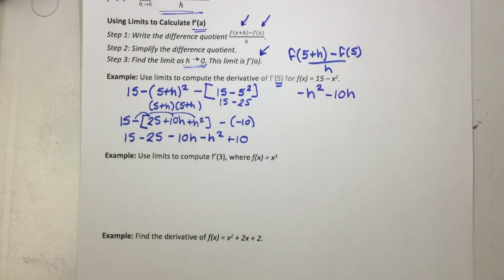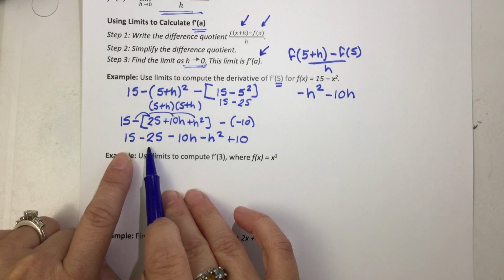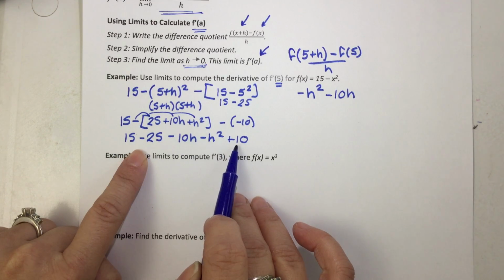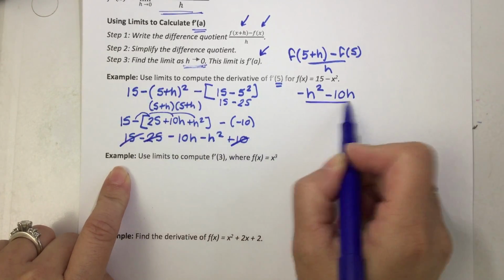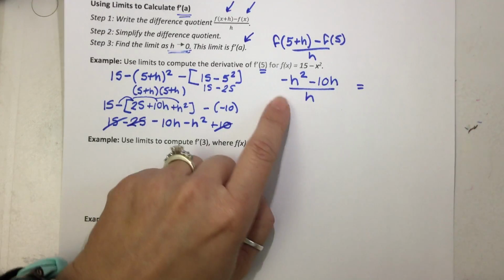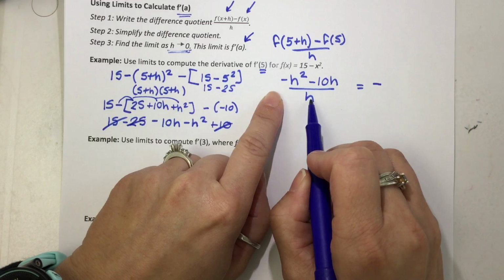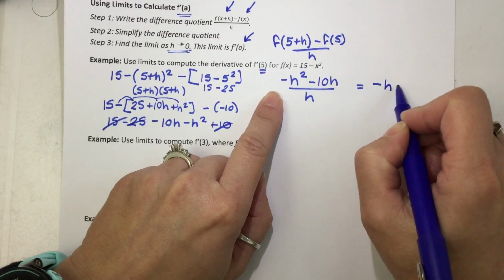Now if I take 15 minus 25 plus 10, well, 15 minus 25, that's negative 10. Negative 10 plus 10 is 0, so these things cancel. If I divide it by h, that's what I would get. Negative h squared divided by h. If I have 2 and I remove 1, I'm down to 1.